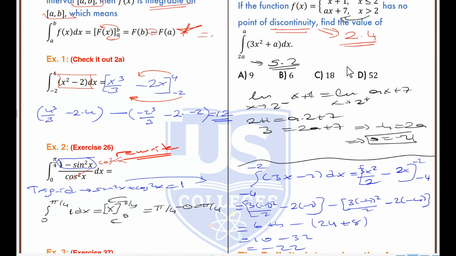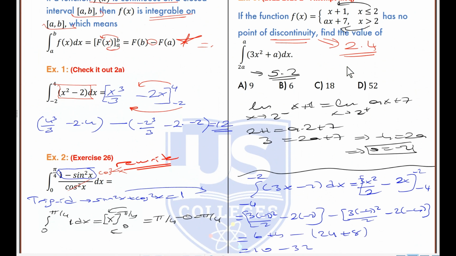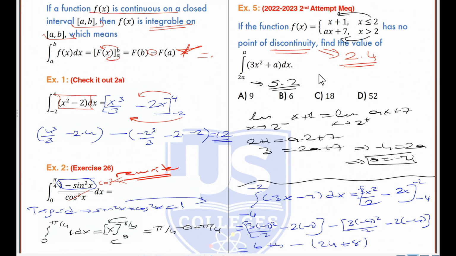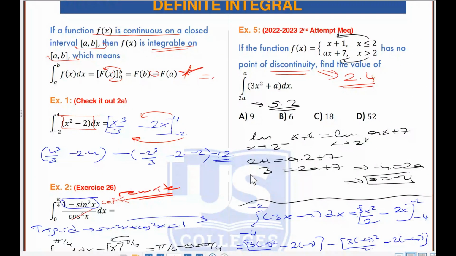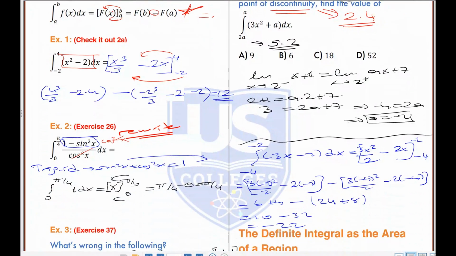Do we have this answer? No, we don't. So I made a mistake then. Let me see. Oh, I did not take the third power. Let me correct this. It's going to be x cubed over 3, right?